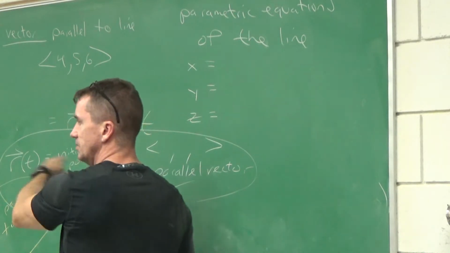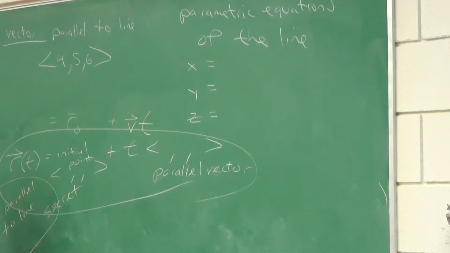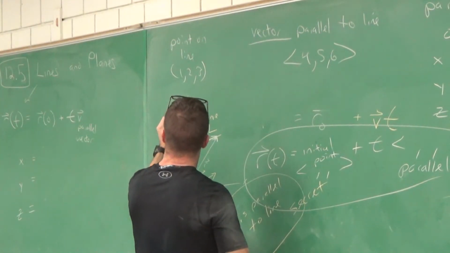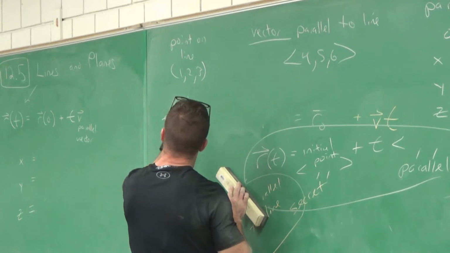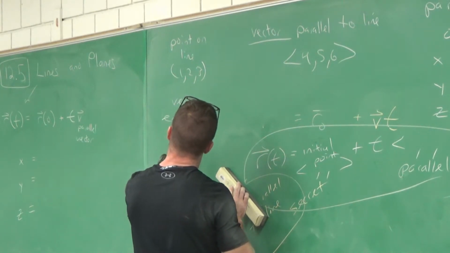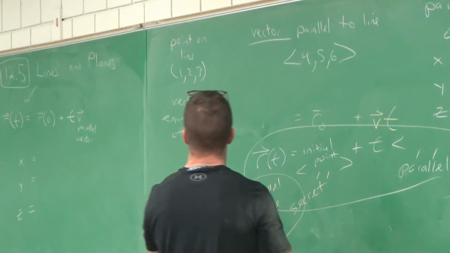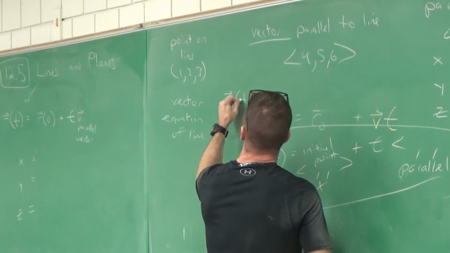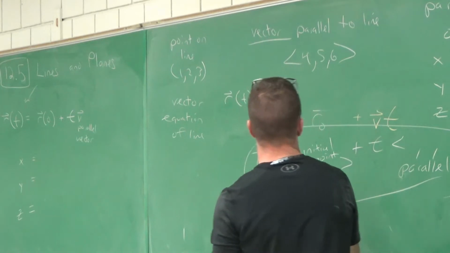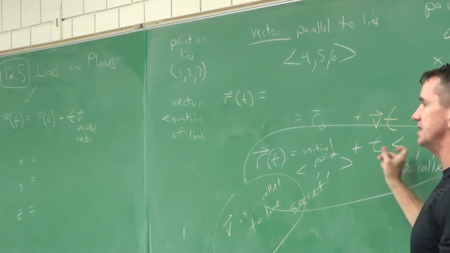So, I'm going to do this. Write it as a vector. And what would be the vector equation of the line? The vector equation of the line, I'll erase this, is simply here. R of t equals initial point plus t times parallel vector.